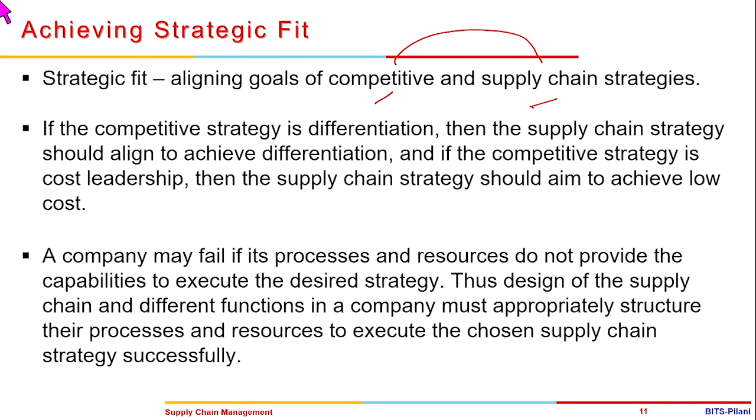If the competitive strategy is differentiation, in that case, the supply chain strategy should also align to achieve that differentiation. So if the customer is asking for more variety in shorter duration, our supply chain strategy should also align with that to achieve those differentiation factors.